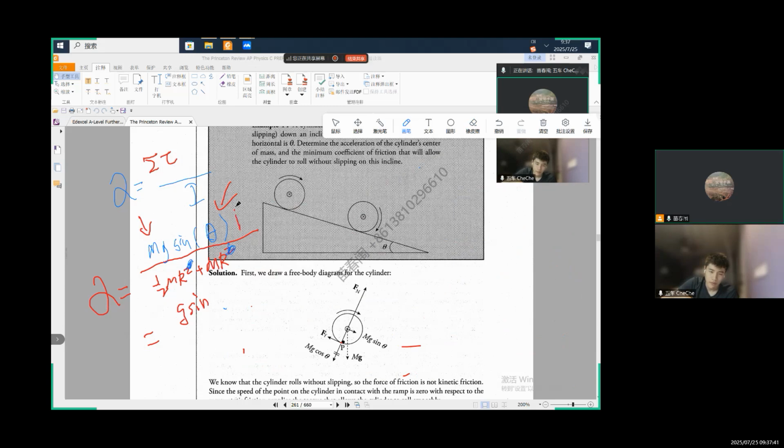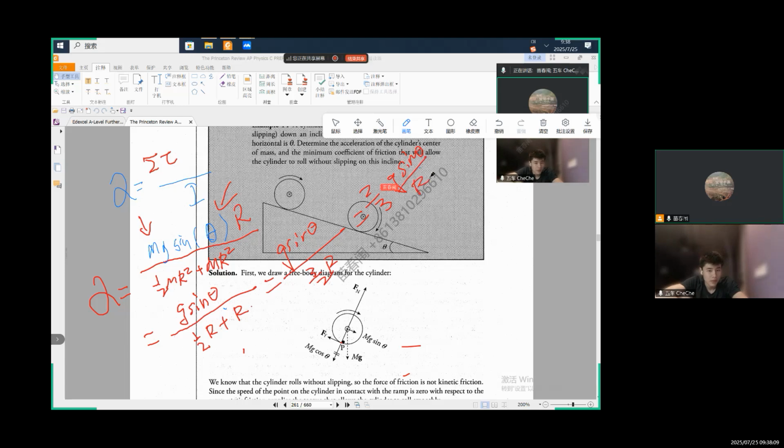Because you're multiplying by r. So g sine theta times r is out. One of r is out. So 1 over 2 r plus r, which is g sine theta over 3 over 2r, which is 2 over 3 g sine theta over r.